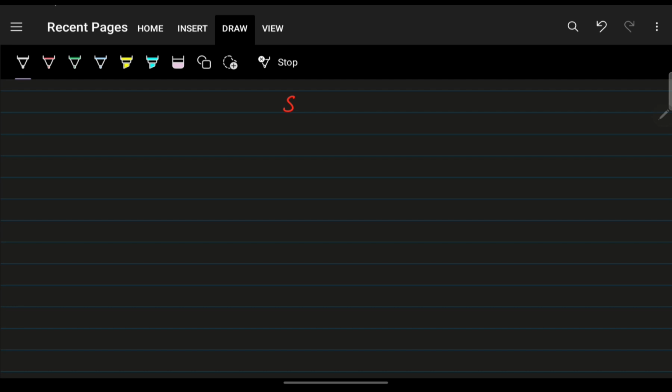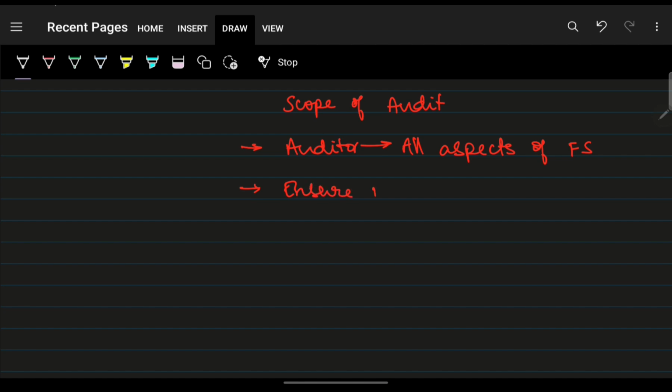So what is the scope of the audit? The auditor must cover all aspects of the financial statement. Next, he should ensure reliability and sufficiency through analysis of the accounting system and internal control.